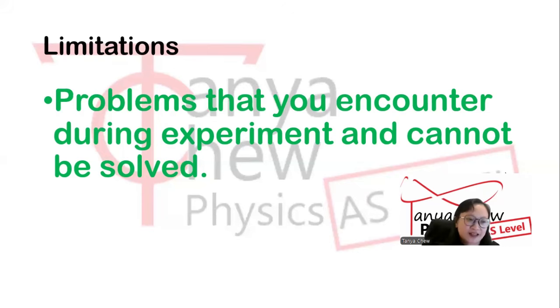Since you have stated that due to air resistance your measurement of H cannot be as accurate as possible, the improvement I saw was about conducting the experiment in vacuum. The first question that appeared in my mind is: how are you going to breathe when you conduct the experiment in vacuum? And we don't really have a vacuum chamber in our lab. So that is not the right limitation or improvement to be stated.